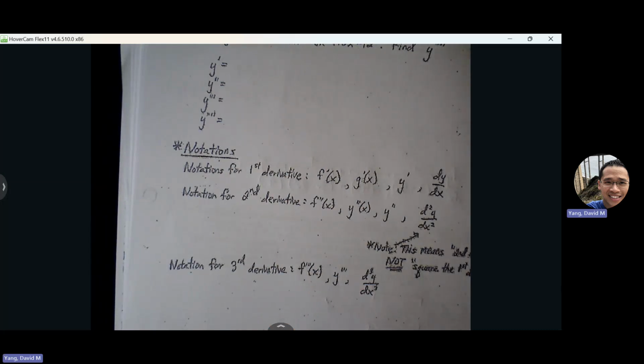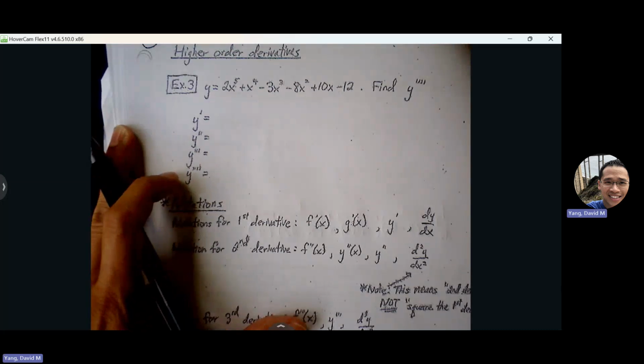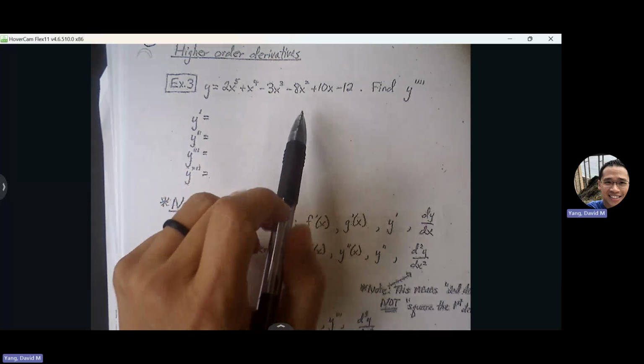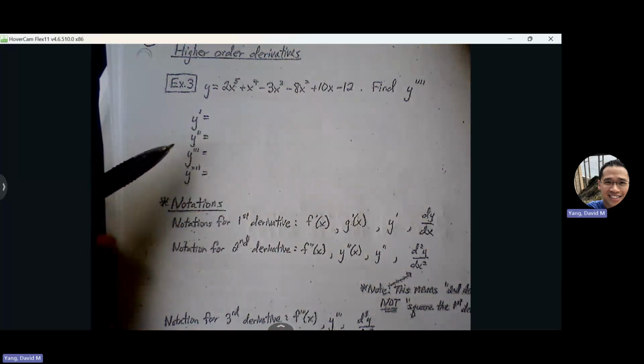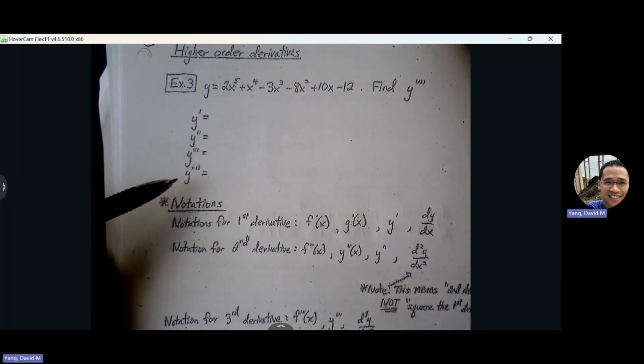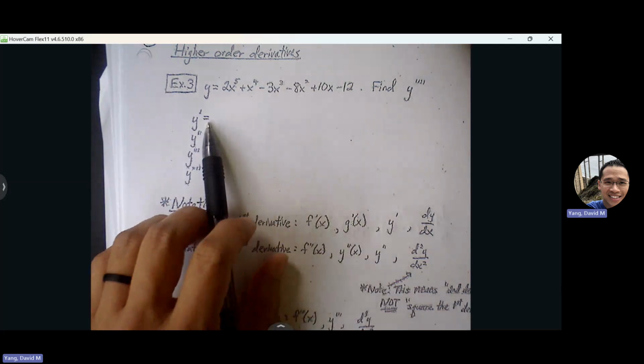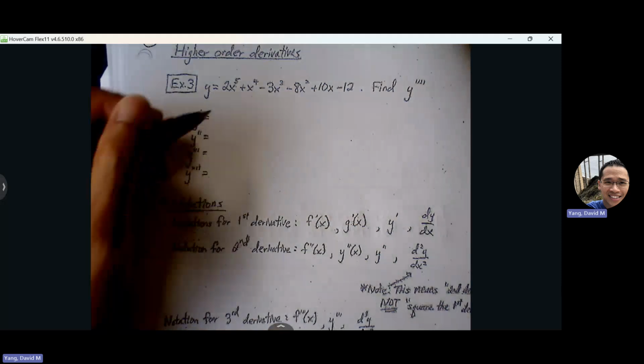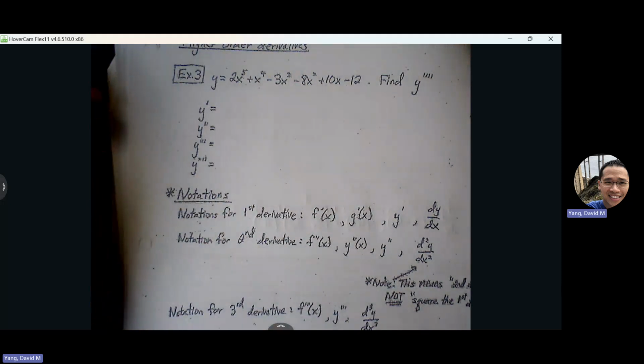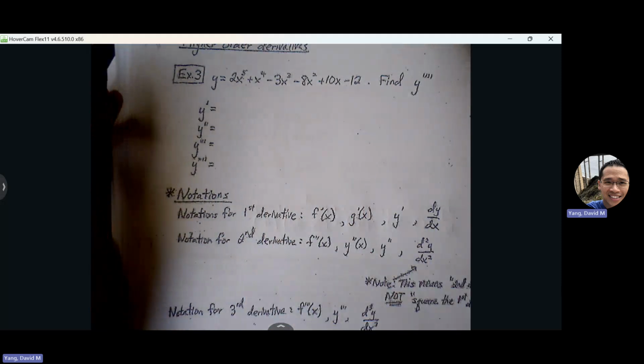This is just some notation that I want to go over here. Sometimes you may be asked to go beyond the second derivative, but if you are, it's usually just going to be doing power rule over and over again. So y prime, let's just go through this. Sorry that some of the numbers are kind of hard to see.